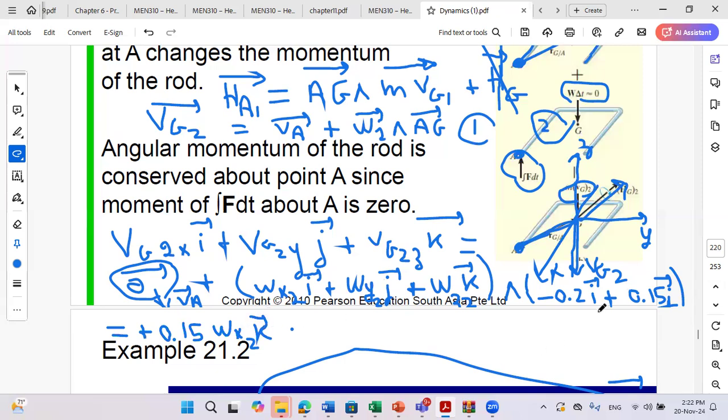J vectorial I is a minus K, and we already have a minus, so plus 0.2 omega Y2 K. J vectorial J, 0. Finally, we have the last term.